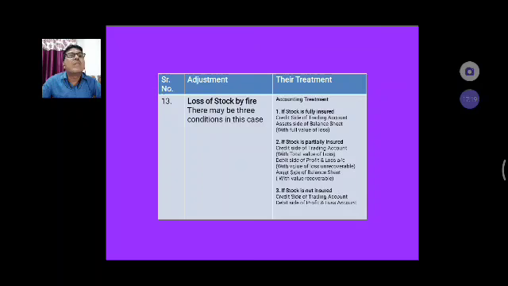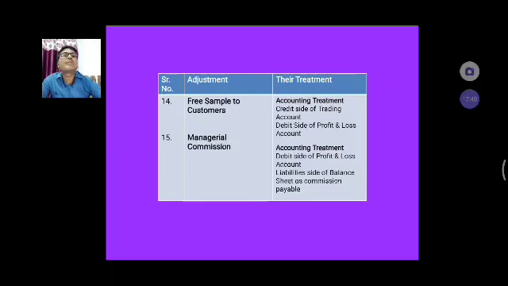Second, if stock is partially insured: credit side of trading account with total value of loss, debit side of profit and loss account with value of loss unrecoverable, and asset side of balance sheet with value recoverable. Third, if stock is not insured: credit side of trading account and debit side of profit and loss account.